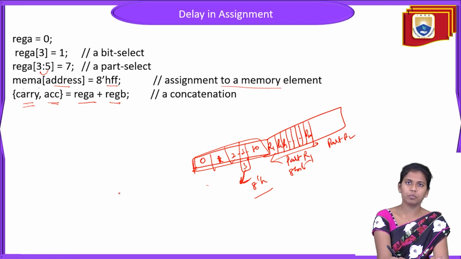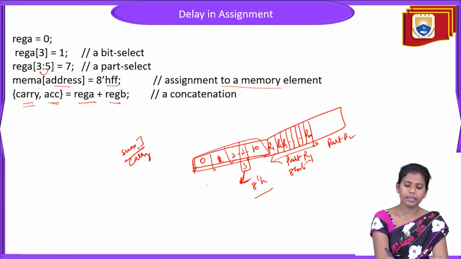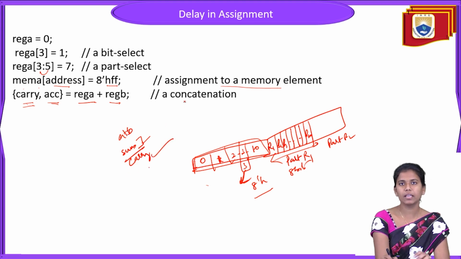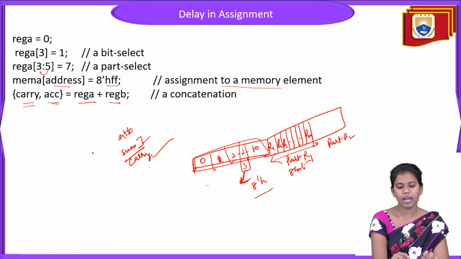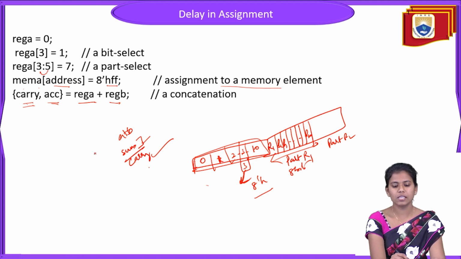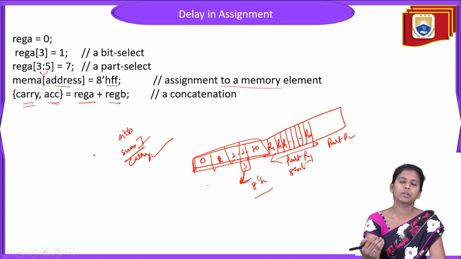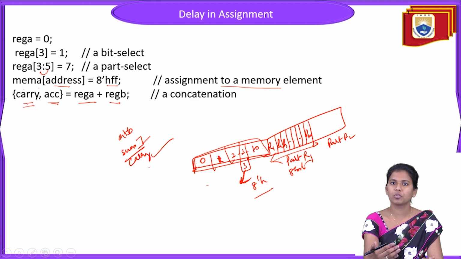If you add both, you will get some carry as well as some bits. So I am concatenating A and B, and the carry bit, whatever I get, I am accumulating in the carry. With a logical understanding, we have to write the syntax for the given procedural assignments.